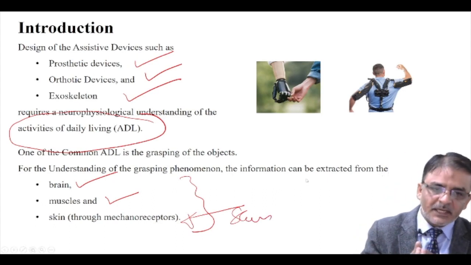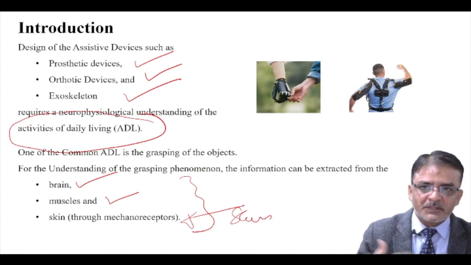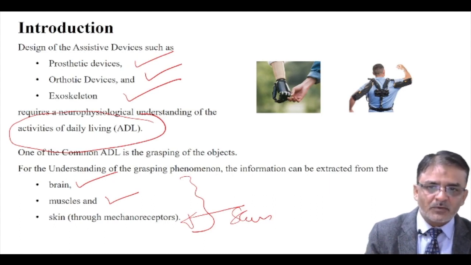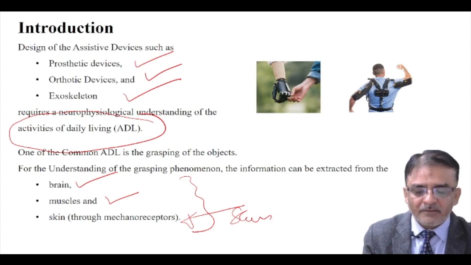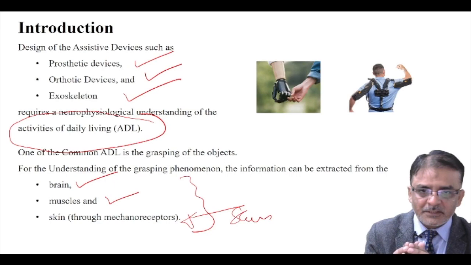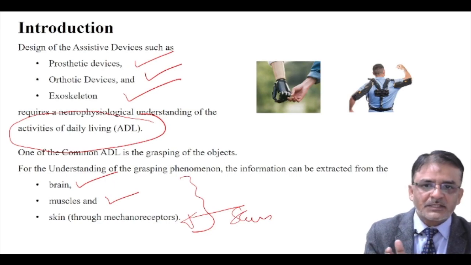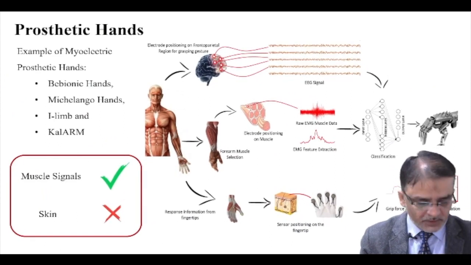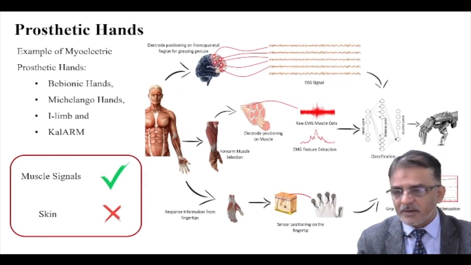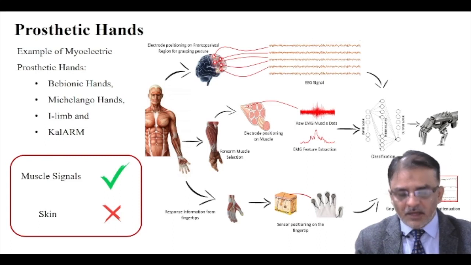Because skin gives some reception and feedback systems, we want to go for a hybrid system which can have an understanding of the receptors and also of the EMG signals. This is the structure we are trying to implement in this study.